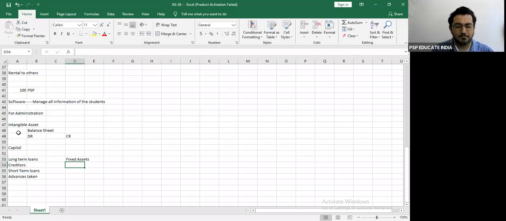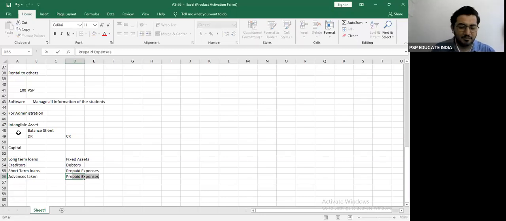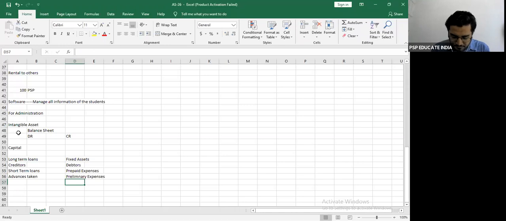Fixed assets. Say for example debtors. Then you have prepaid expenses, and after that you also have preliminary expenses.